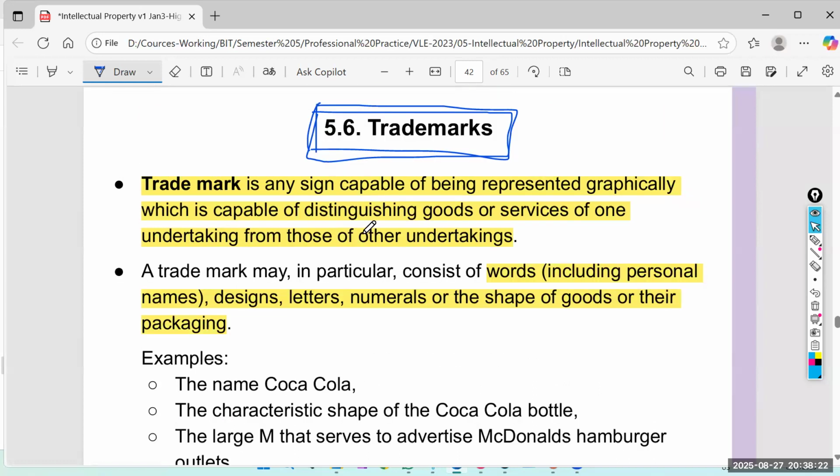So those are trademarks. Trademarks and trade names you need to register, just like patents. But registering a trademark or trade name is not very complicated. They just check whether the same trade name or trademark is already registered. If not, you get it. It's a simple process.